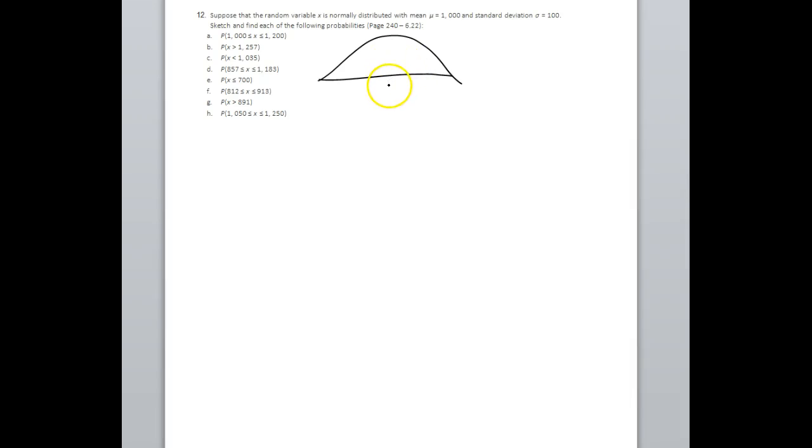And we assume that the mean is 1,000, so mu is equal to 1,000, and standard deviation is equal to 100. On all of these, we assume that. And so we want to find the probability from 1,000 to 1,200. So this is the portion of the graph, because the mean is in the center, and that's 1,000. So this is the probability that we're looking for right here.